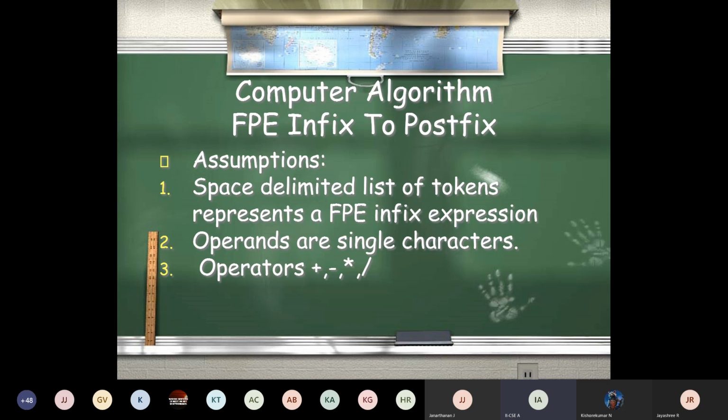So when you are applying infix and postfix notations in data structures, we are going to assume your operands are single characters like A, B, C, or X, Y, Z, or P, Q, R. We are not going to take variables with more length. And your operators are going to be plus, star, division, and minus. With these operators only we are going to analyze.